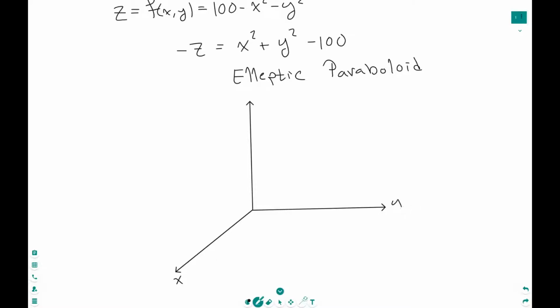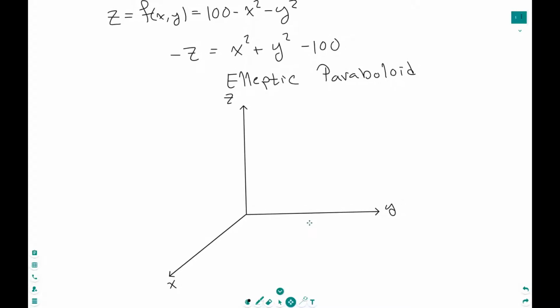Okay, x, y, and z. So if I look back at my definition of z equals 100 minus x squared minus y squared, I can kind of think about the domain and range of this function. Well, I don't see any problem with inputs from x and y, right? So it looks like I should be able to input any x and y into this. So the domain should be R2.